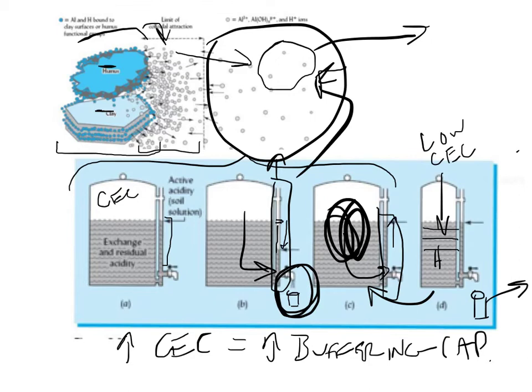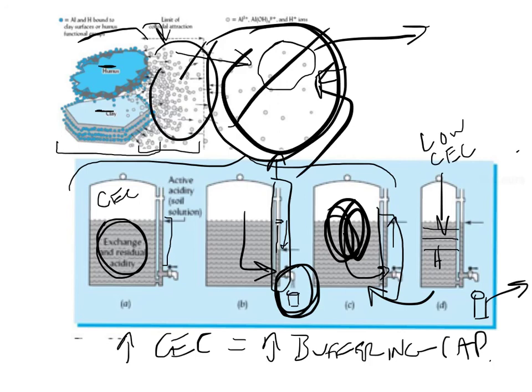We have to figure out how it is that we take care of this much CEC or that much acidity if we have a soil that has a higher buffering capacity, and how do we take care of that kind of soil with a high buffering capacity, but we need it to have a higher pH than it does, and we have to raise the pH, so we have to consume the active acidity. We've got to start chipping away at this stuff here and this stuff here.